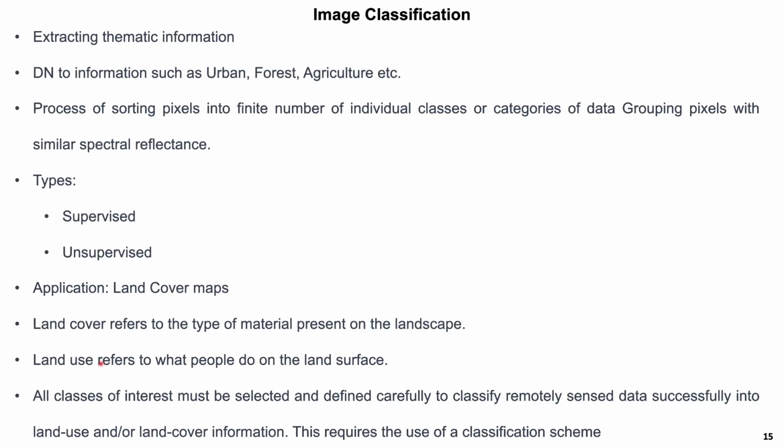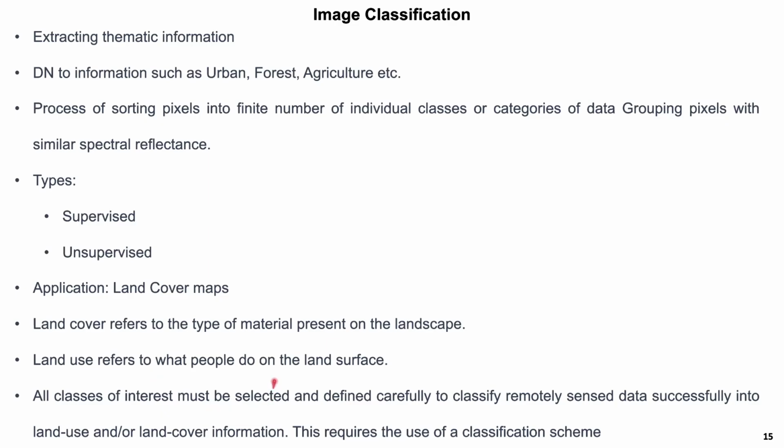That plot area is intended to build a building, but it's not built yet, and there is a lot of vegetation. So your land use is urban, but your land cover that is currently present on the landscape is vegetation. So this is the difference. This intricate difference you just need to remember.